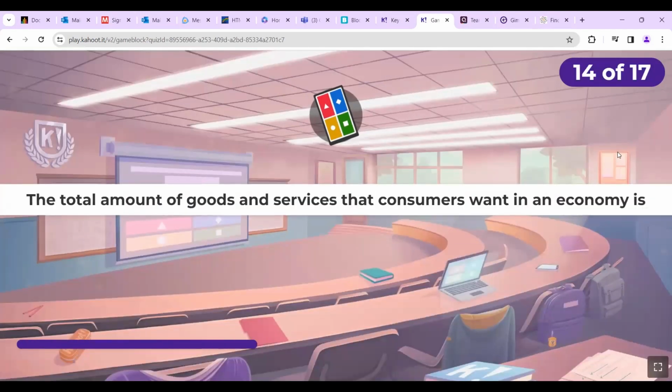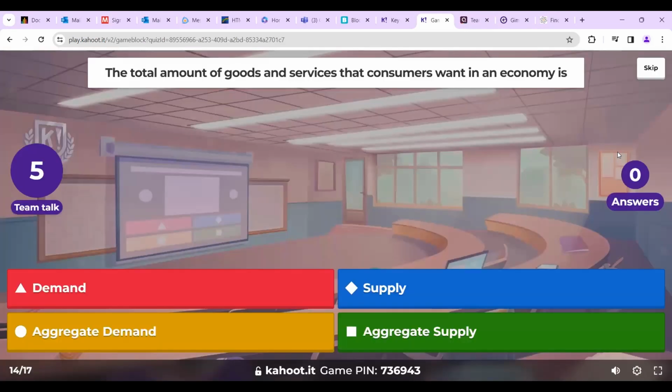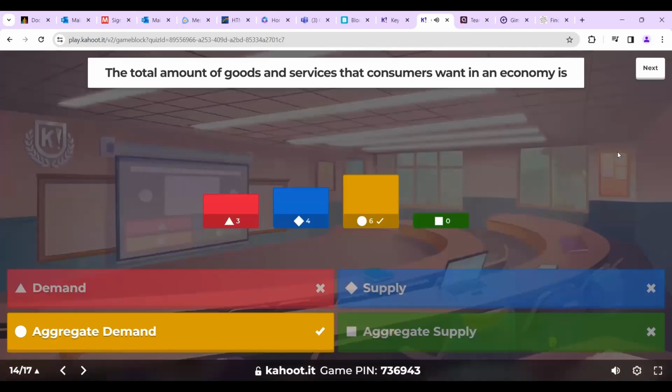Total amount of goods and services that consumers want in an economy is what? Aggregate demand.